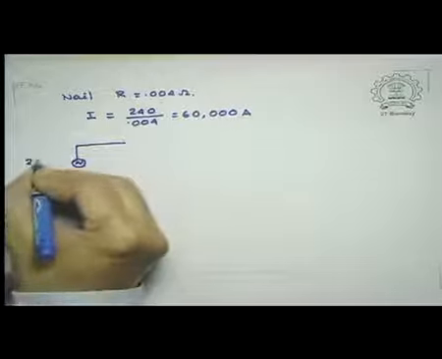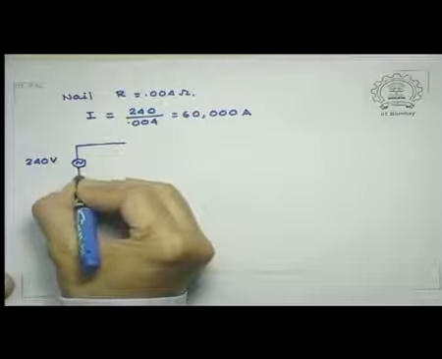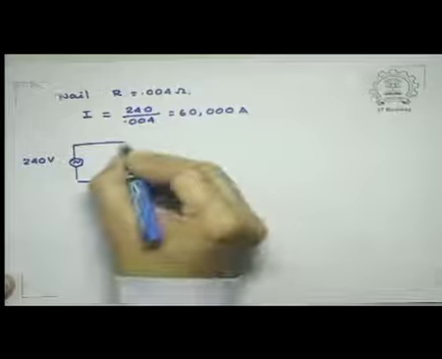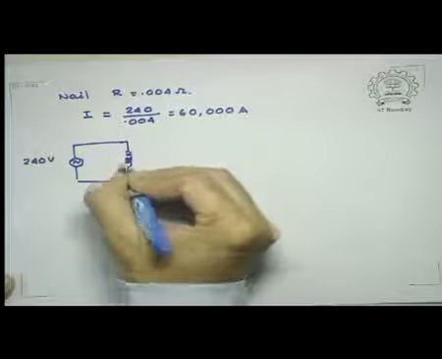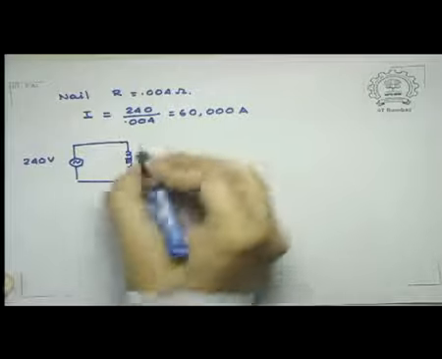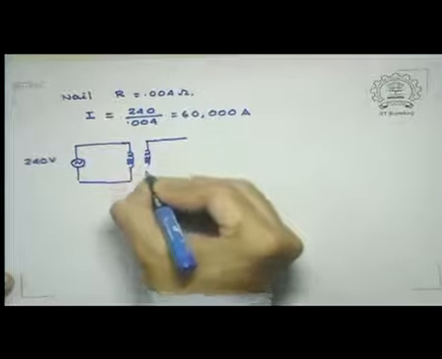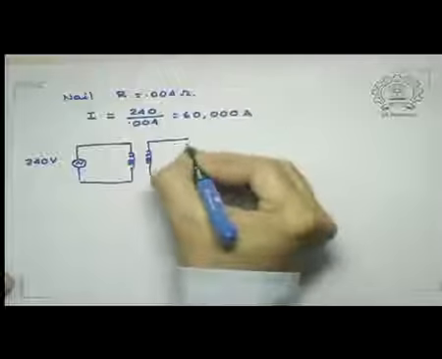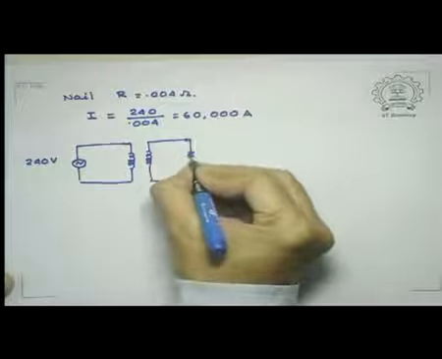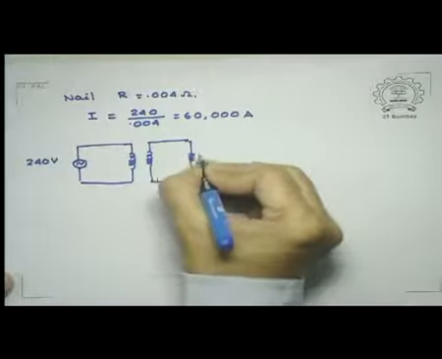Supposing this is 240 volt mains, I will work out what type of transformer you actually need. So this is the secondary circuit which is connected to the resistance that we talked about.